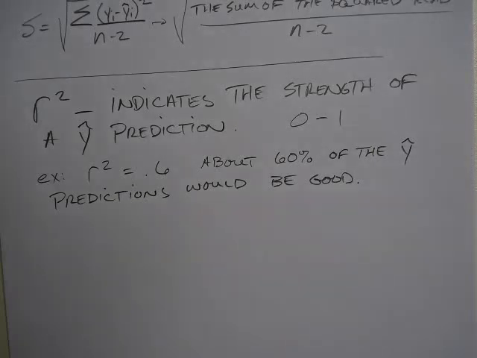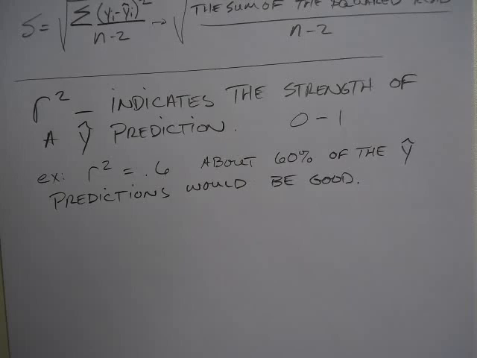In other words, 60% of the time, the line of regression is correct. If it was 0.9, then 90% of the time, the y-hat prediction is correct. 20%, 20% of the time.